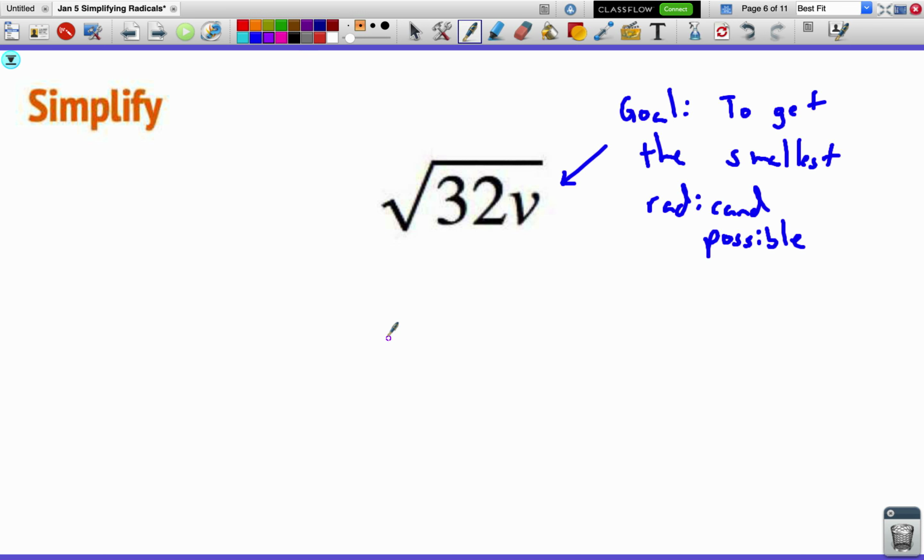It's 32v. This is a square root, so the index is 2. That means we want to look at that table we just wrote. We want to look at the perfect squares. So let's write that here. We want to look in this column.